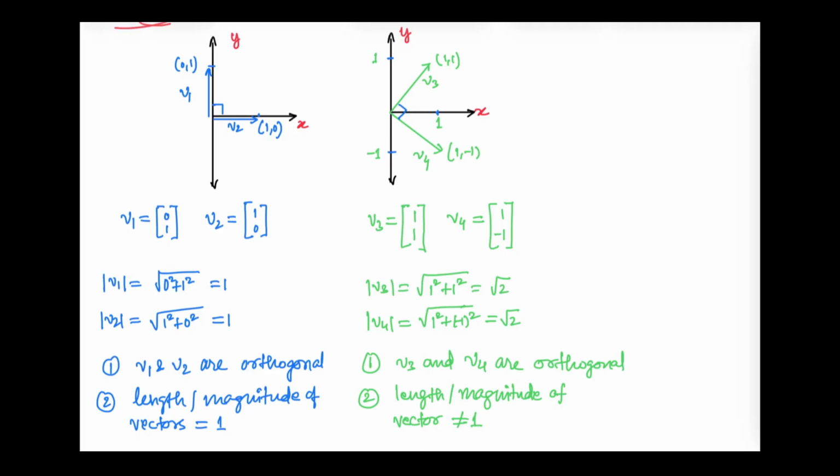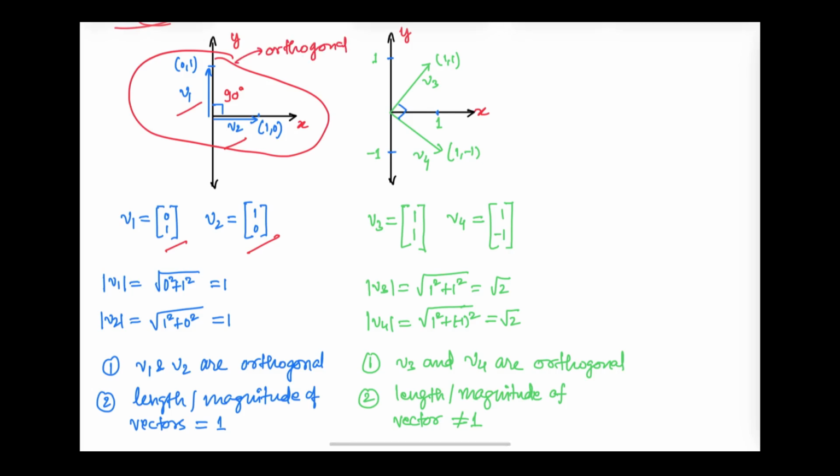In this particular case, we have two vectors v1 and v2. One is along the x-axis and the other is along the y-axis. As we have seen in the orthogonal video, and as we can see pictorially here, both vectors form 90 degrees with each other. So we can say the vectors v1 and v2 are orthogonal to each other.